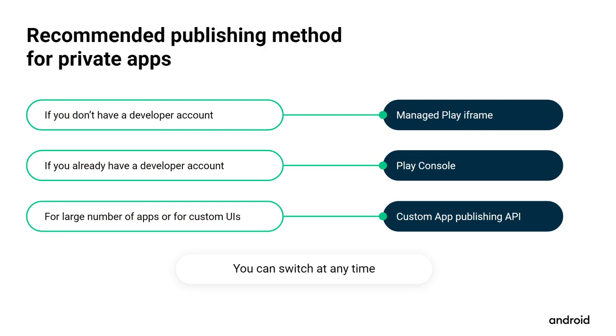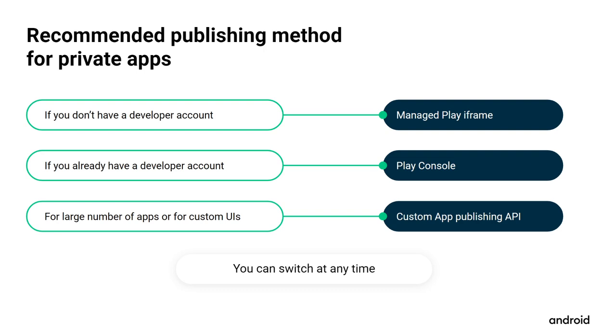And if you plan to publish a large number of private apps or are building your own internal publishing tool, then you will want to use the API. This is just a recommendation, and because you can switch at any time, you can start with any method without worrying too much about this choice. And you can change later on if you find out that another method works best for you.